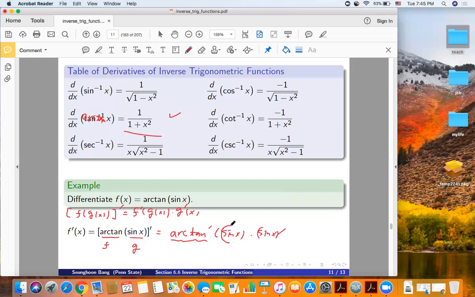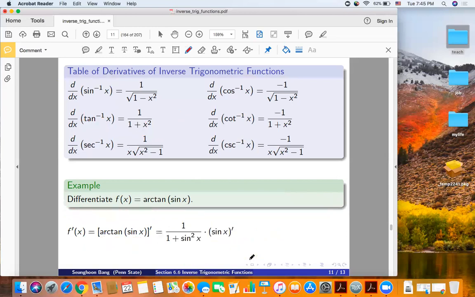You plug sine of x into here, so we get 1 over 1 plus sine of x squared times sine x prime. The derivative of sine x is cosine of x. This is final.